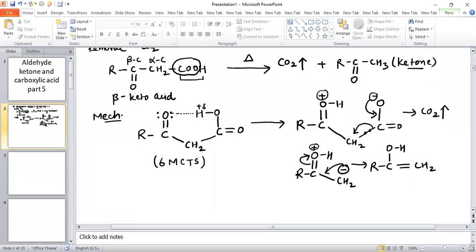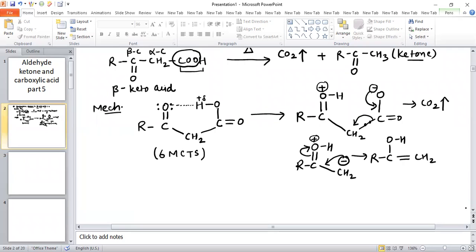Now in the final step, tautomerism will take place. So you can see this carbon-carbon double bond will shift between carbon and oxygen, and the hydrogen atom on this oxygen will shift onto that carbon.